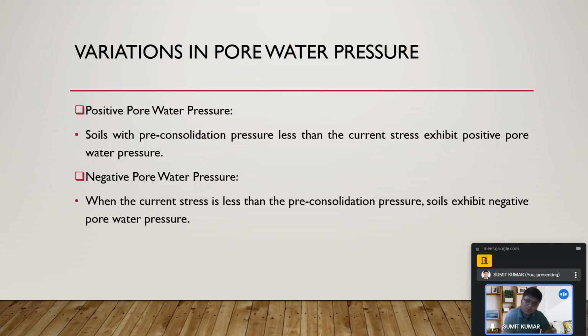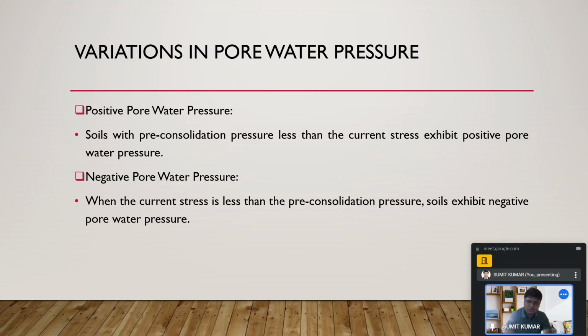The variation in pore water pressure may be positive, may be negative. When we talk about the positive pore water pressure, soil with the pre-consolidation pressure less than the current stress exhibits a positive pore water pressure. It can be very simply understood: suppose the pressure applied presently is less than the pre-consolidation pressure over there.